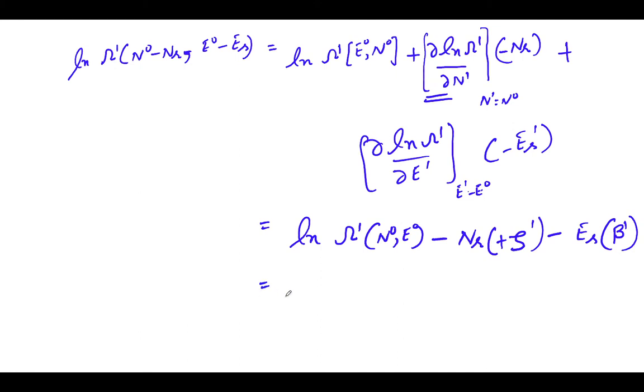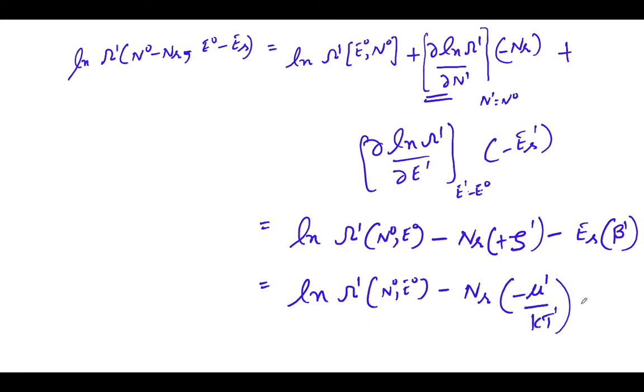So this equation we can write down as log Ω'(N0, E0) minus Nr, and this change in microstates with the change in number we generally represent as −μ/kT, where μ is the chemical potential, which changes with the change in the number of particles.